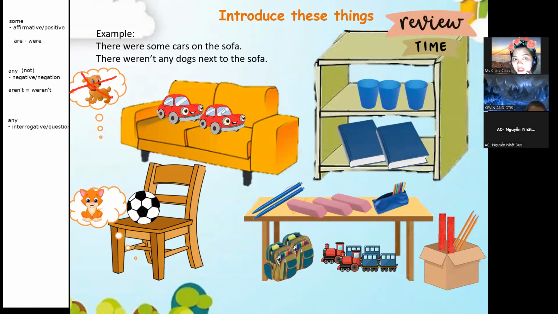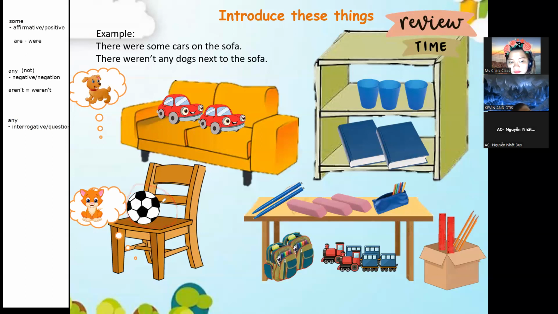There weren't any dog next to the sofa. All right. How can you make a sentence in here? Is it there were or there was?